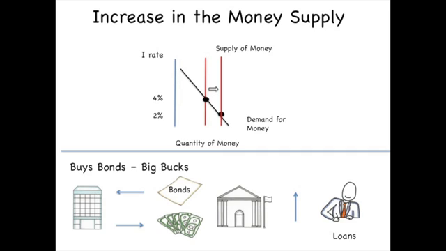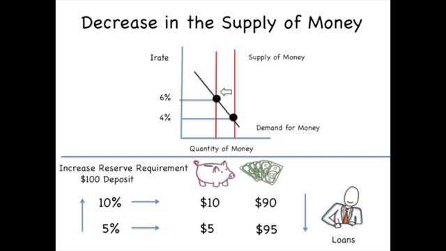Increasing the money supply decreases the interest rate, and this will cause consumers and investors to spend more. Now let's assume that instead of a recession, the United States is in a time of inflation. Inflation means there's too much money, too much spending, and this too much money and too much spending is driving up the cost of goods.